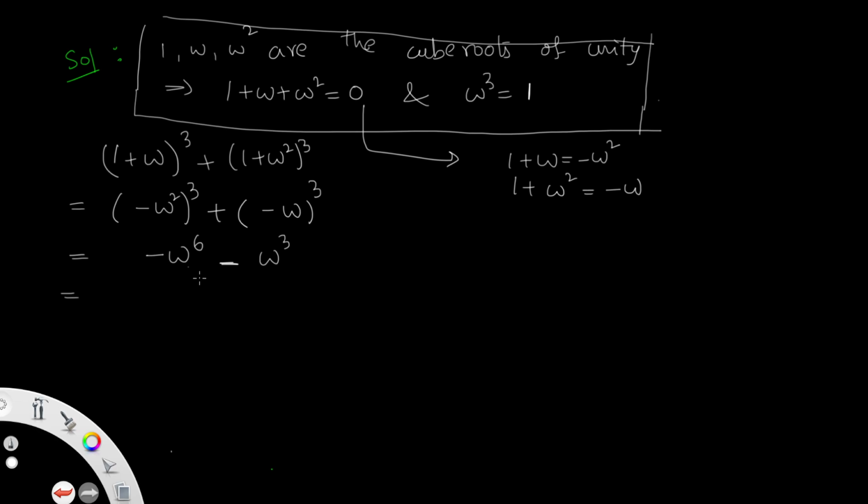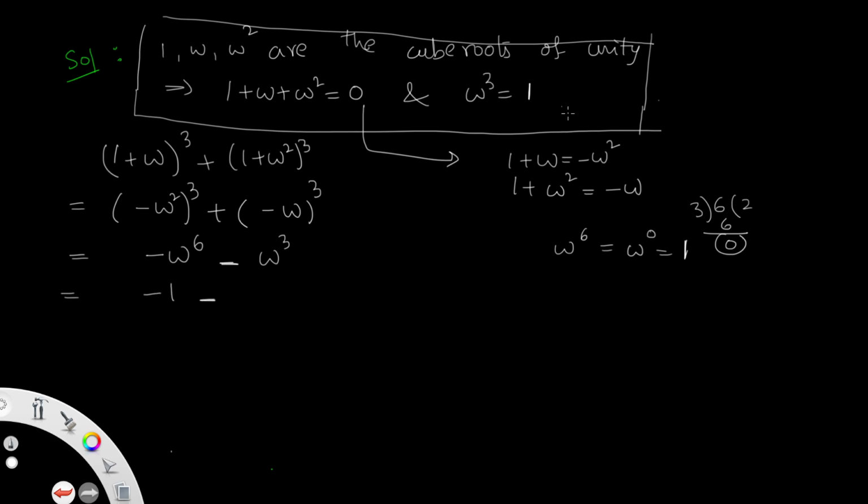Omega power 6: we already learned the shortcut, that if the power of omega is greater than 3, then divide the power by 3, and the remainder is the power of omega. So omega power 6: divide 6 by 3, the remainder is 0, so the power of omega becomes omega power 0, which is 1. So that is minus 1.